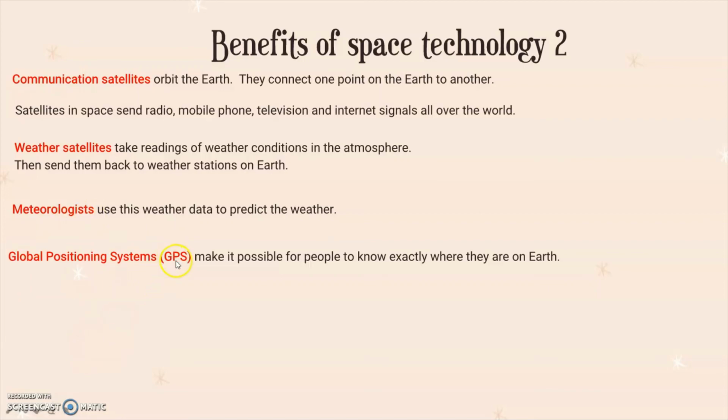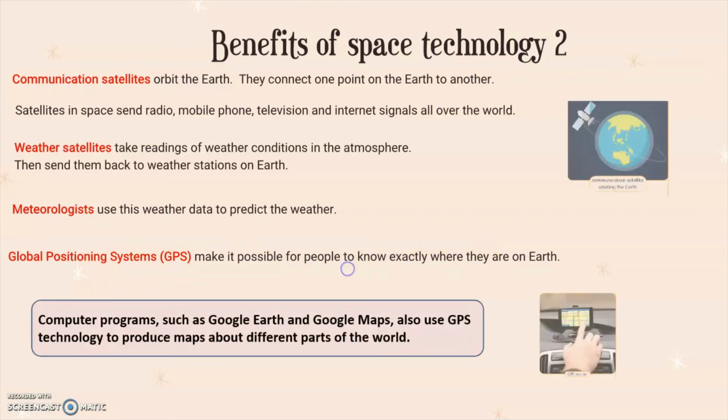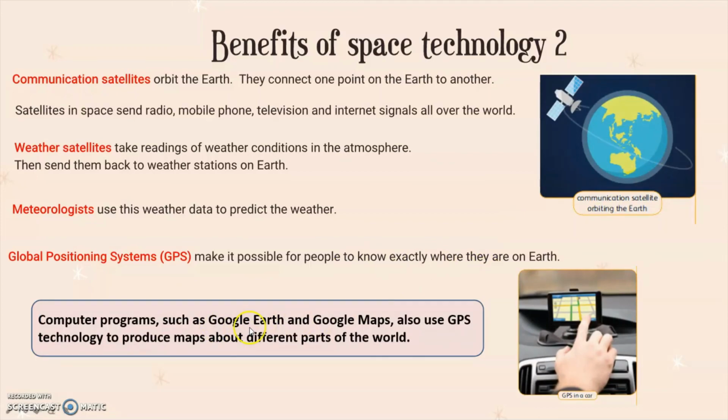And GPS, we call GPS Global Positioning System, makes it possible for people to know exactly where they are on Earth. Computer programs such as Google Earth and Google Maps also use GPS technology to produce maps of different parts of the world.